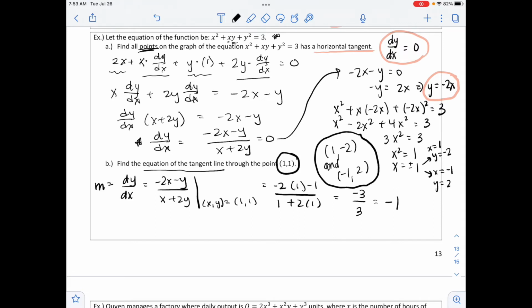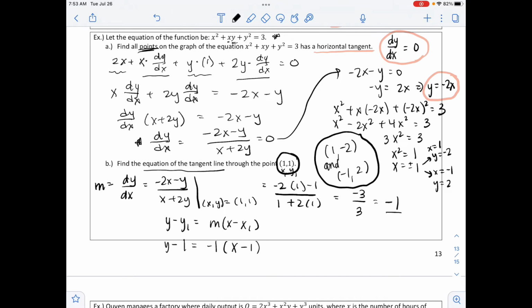And then to find the equation, I'm going to use y minus y1 equals m times x minus x1, our point slope formula. And substituting in x1 and y1, and my slope that I just found, we have y minus 1 equals m, which is negative 1, times x minus 1.